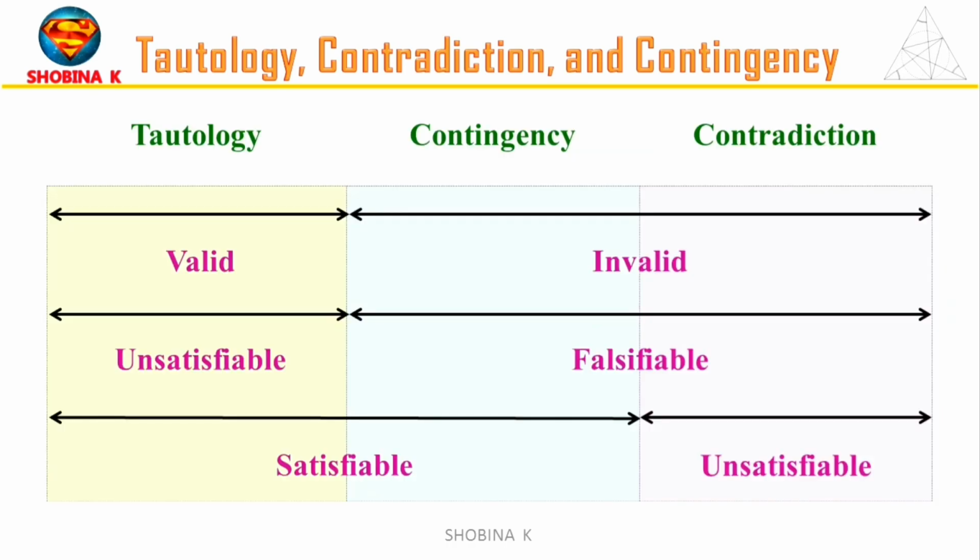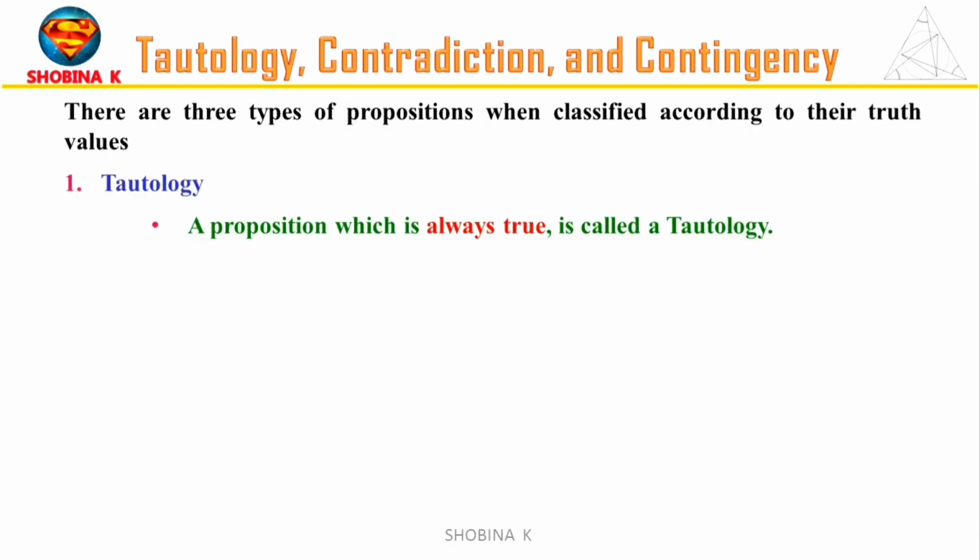Truth value concepts are related to the truth or falsity of statements or propositions. They focus on whether a statement is true or false under different conditions. On the other hand, the logical validity concepts are related to the structure and reasoning within arguments. They see if an argument makes sense without worrying about whether it is talking about true things or not. First, we will see the truth value concepts.